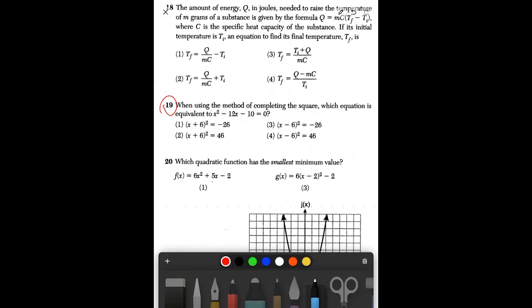Now remember my rule. Whenever you see an equation, you should graph it and you should find the solution. So we're going to graph this equation, find the solution, and then check each one of these to see which equation has the same solution. If they have the same solution, that's going to be the answer.